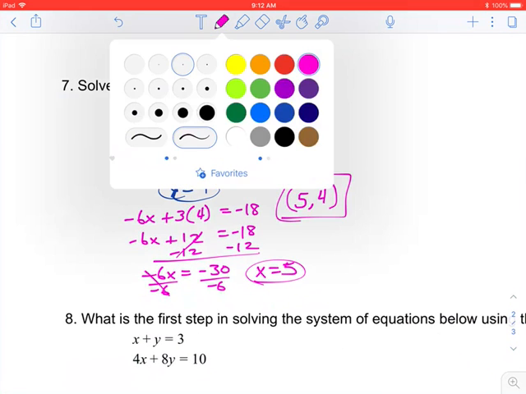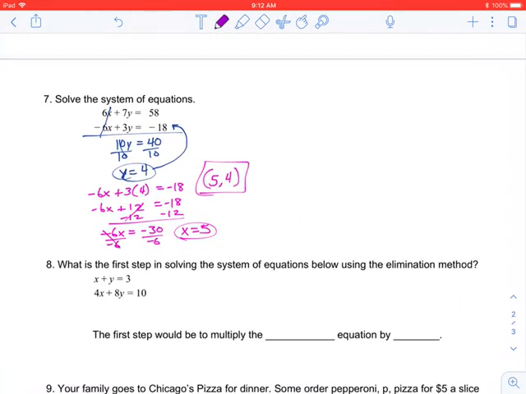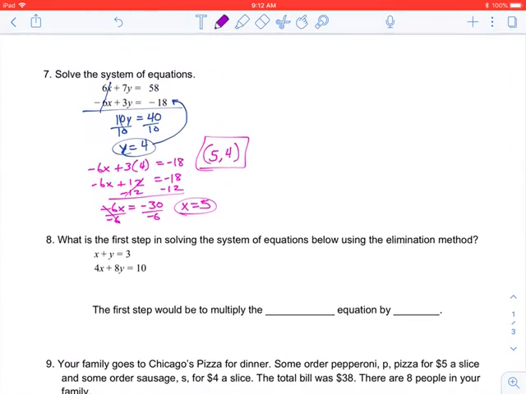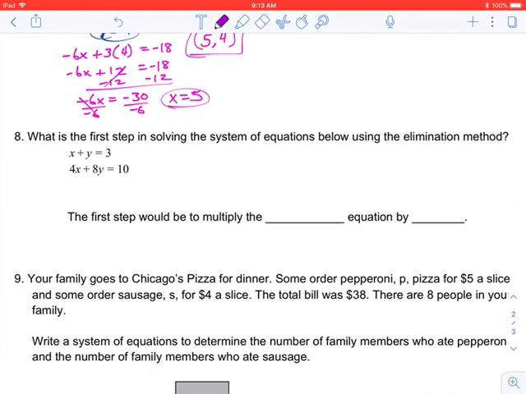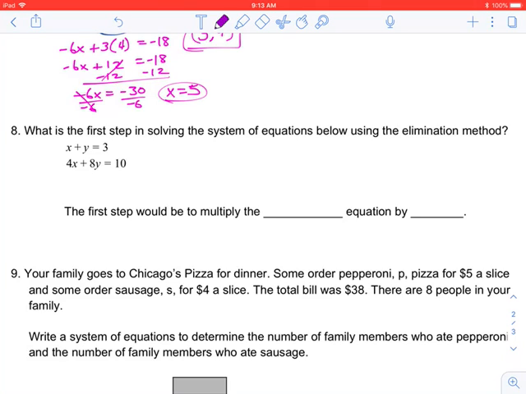That's substitution and elimination. Okay, so when you're looking at this one, it's actually asking for a specific step. When it says, what is the first step in solving the system of equations below using the elimination method? The first step is to get opposites.